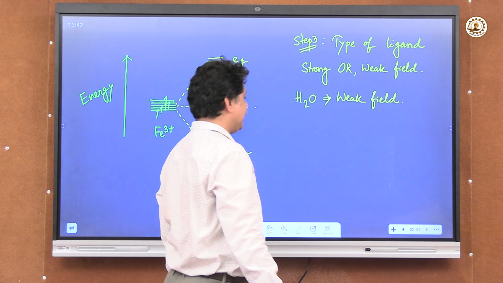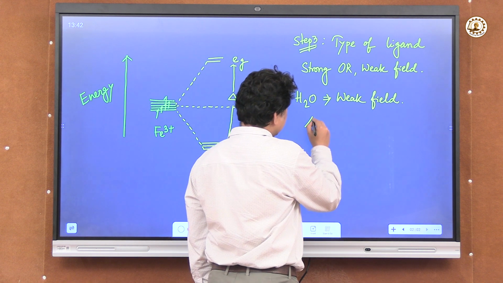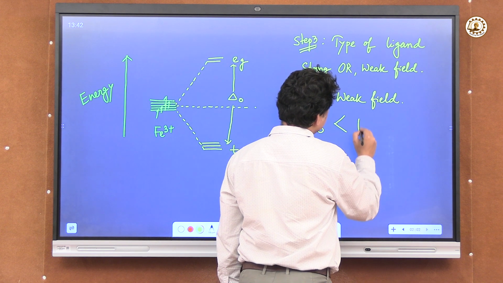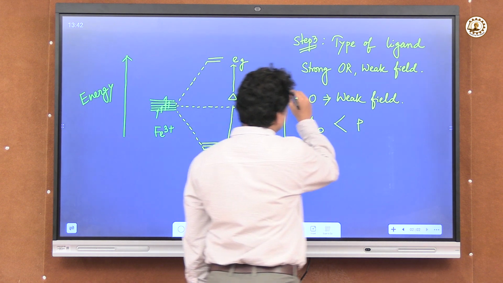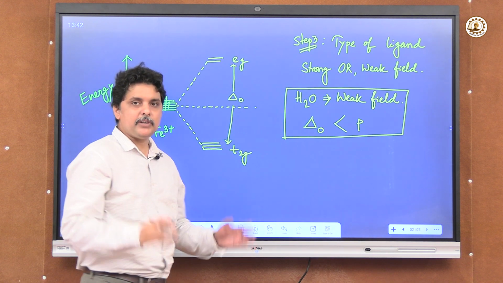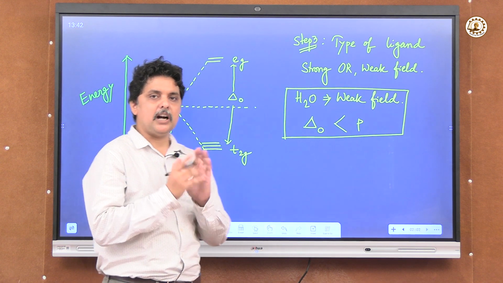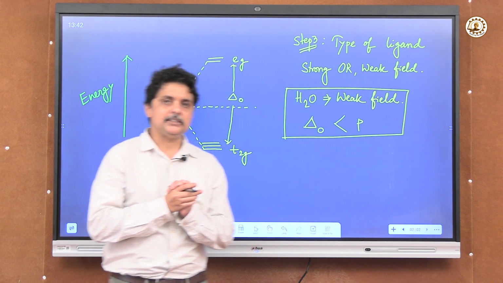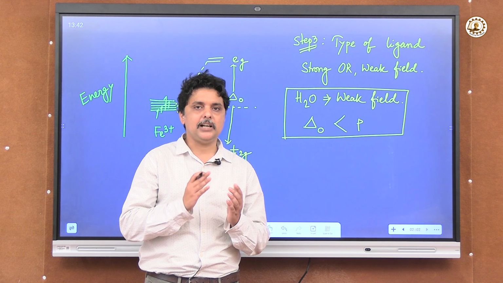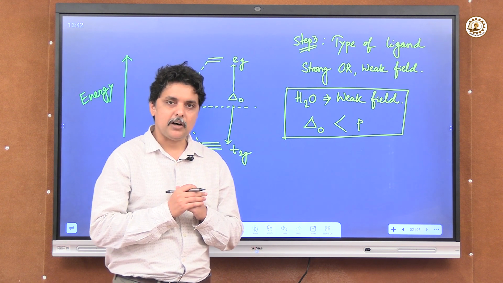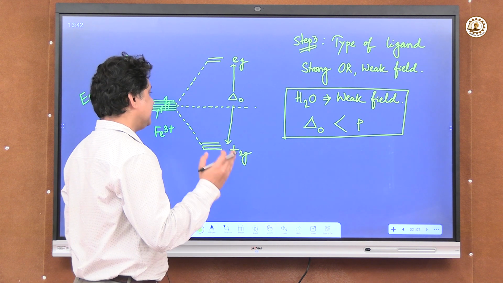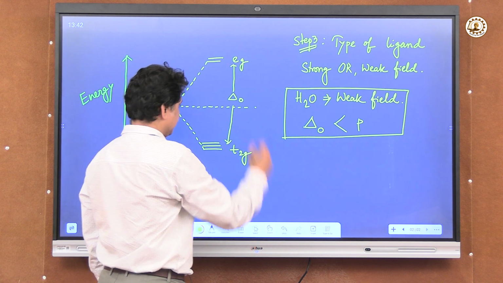If we have a weak field ligand, the condition is delta O, the crystal field splitting, is less than the pairing energy. This is a very important thing to understand. If we have a strong field ligand, delta O is more than the pairing energy. Since H2O is a weak field ligand, this is our conclusion.